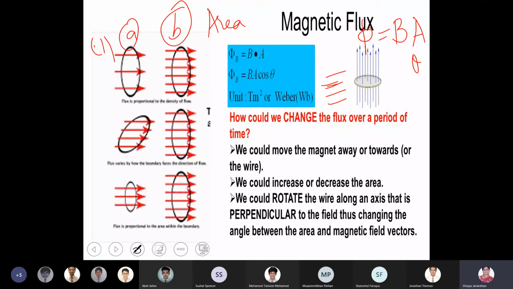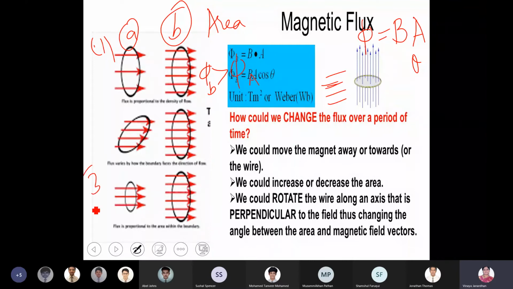The more the field lines, the greater the strength of the magnetic field. So in this case, for loops A and B, the flux phi B is greater than phi A. The reason is that the number of field lines passing through loop B is greater. So the second loop has a greater magnetic flux.